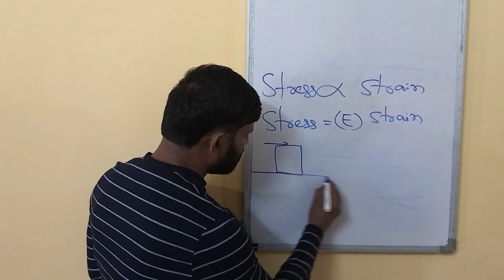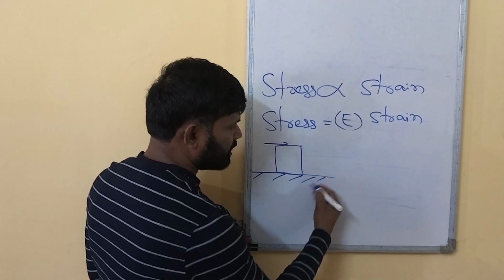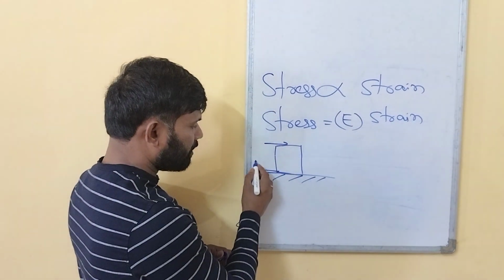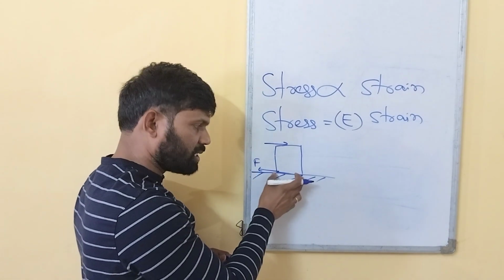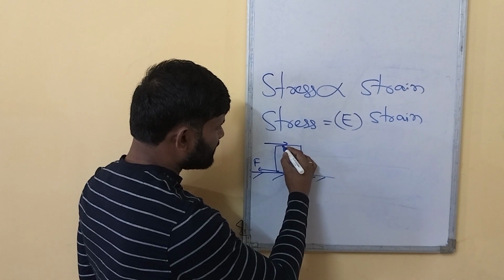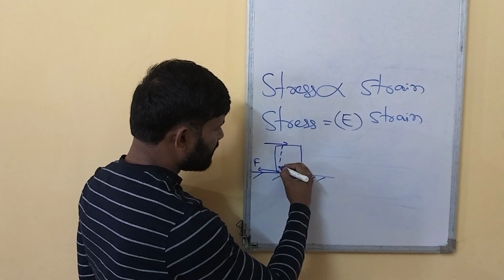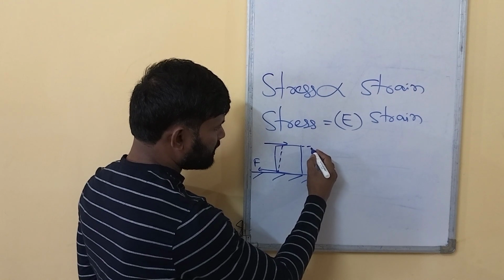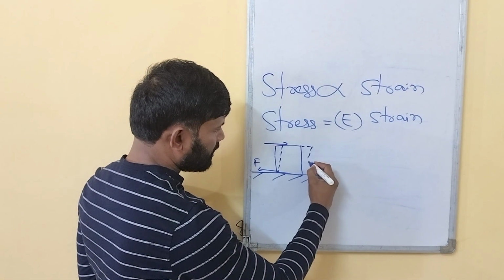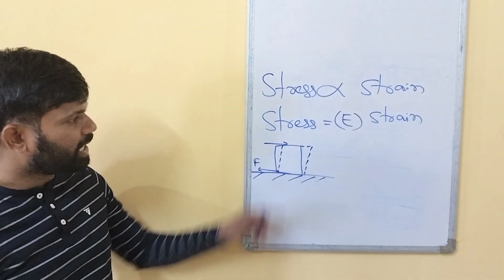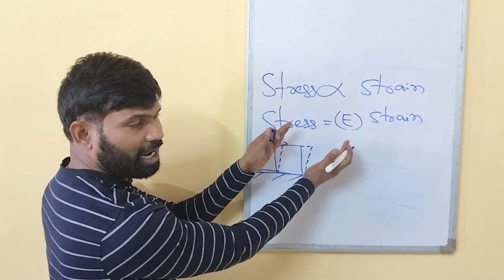The bottom portion is fixed, because of this force a frictional force acts in the opposite direction, that's why this is fixed. So because of this force, the shape changes like this. Agree? You are able to see. So this is sheared like this.